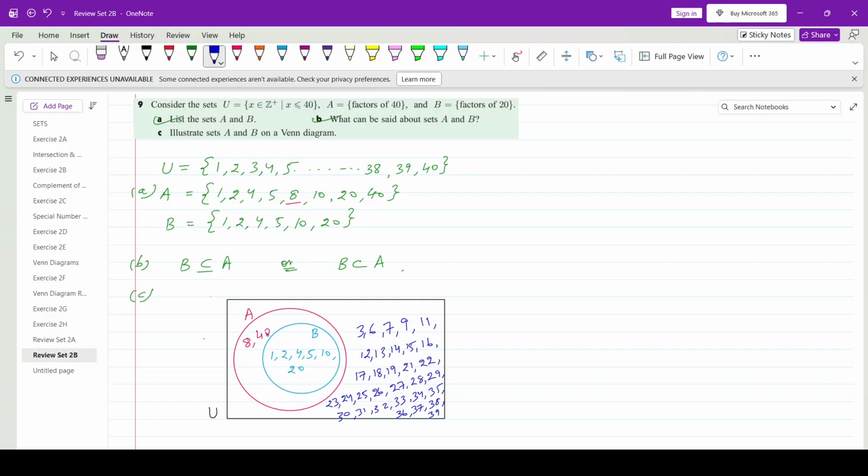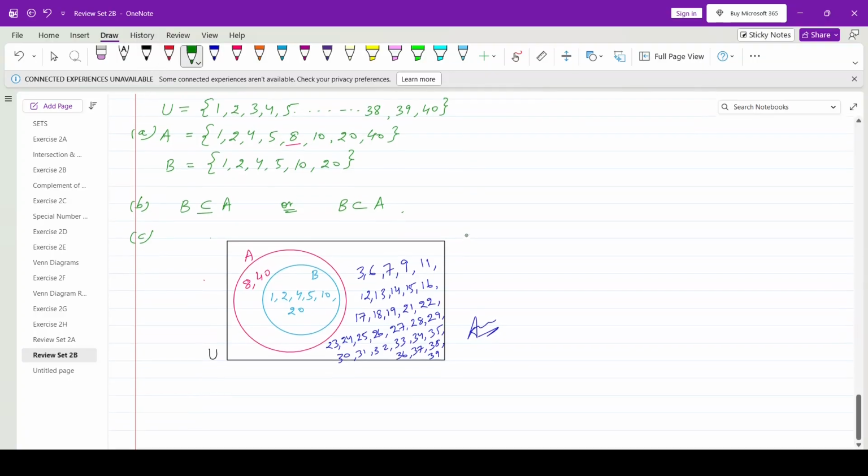This 40 we have already taken. So this is the Venn diagram. So this is our answer. Let's go to the next question.